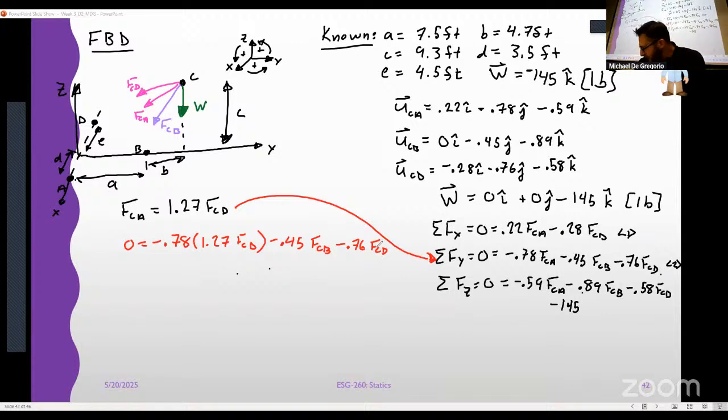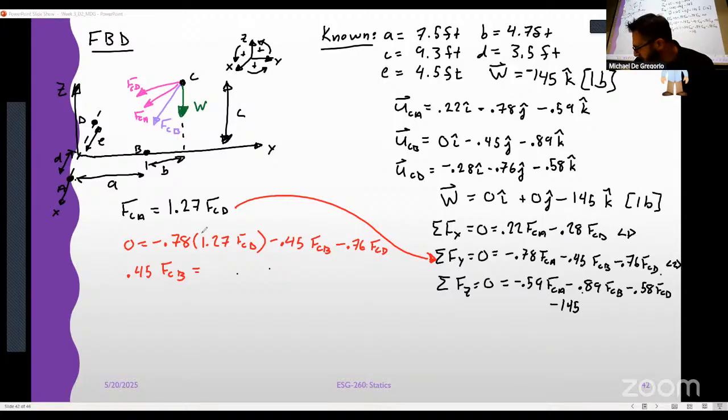So what we're going to do is solve for FCB here. If I pull my 0.45 FCB over here, if I multiply 0.78 times 1.27, right, I get negative 1.